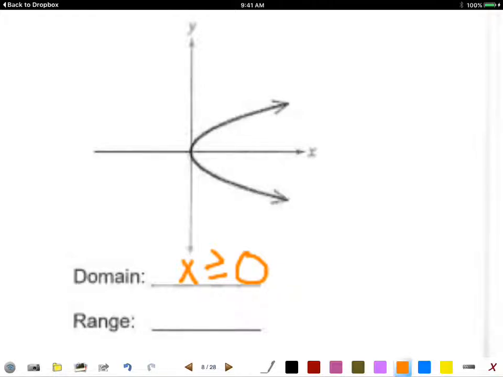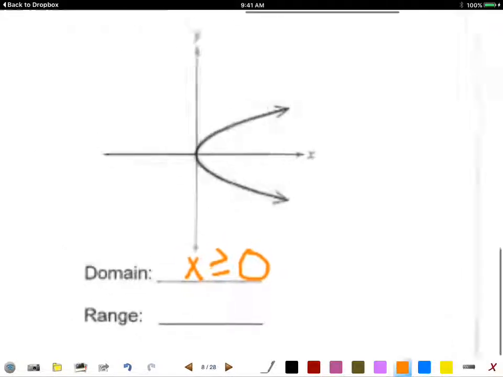Okay, let's do the y now. Look at the y. How far down is this graph going to extend? Infinite. It's going to go infinitely negative, right? And remember, as you're looking up, the graph's going this way, so it's continuing to get higher and higher. So it's basically going from negative infinity to positive infinity. That means any y value would be okay.